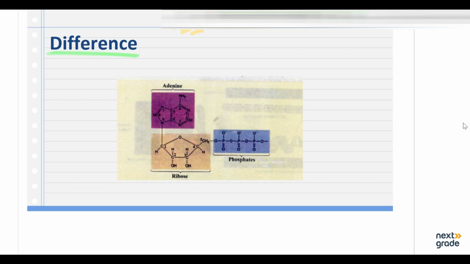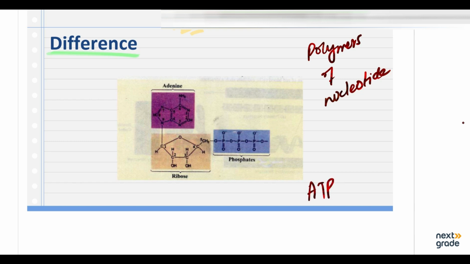If we look, nucleic acids are very complex substances. They are polymers of units called nucleotides. The diagram that you can see is the structural formula of ATP, which is a nucleotide itself.